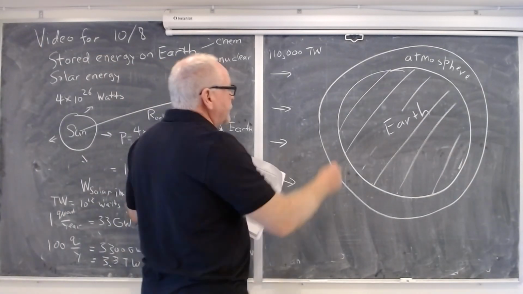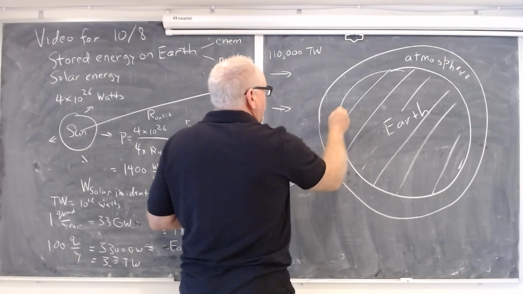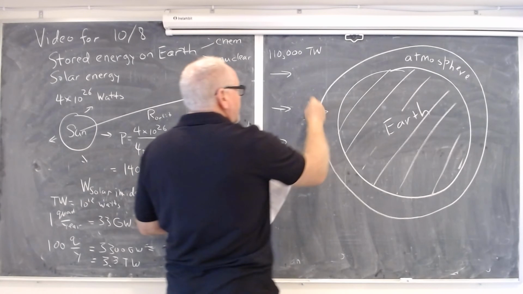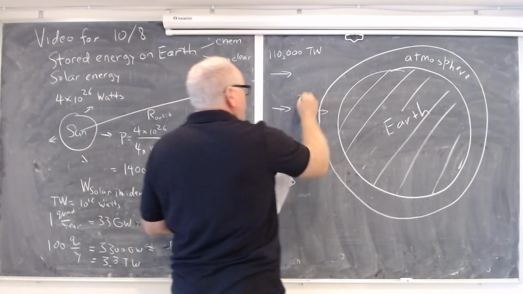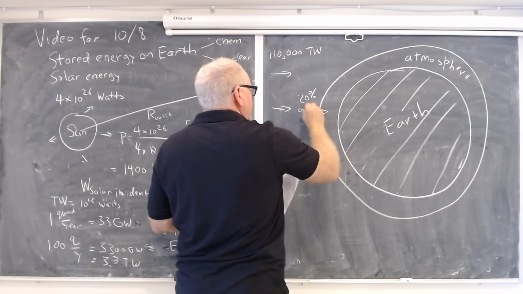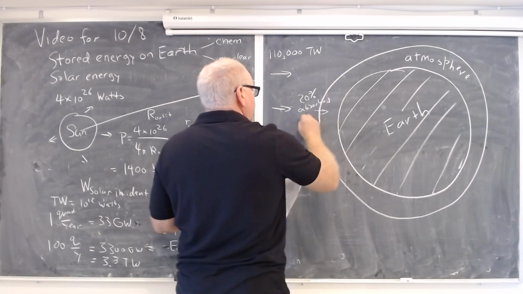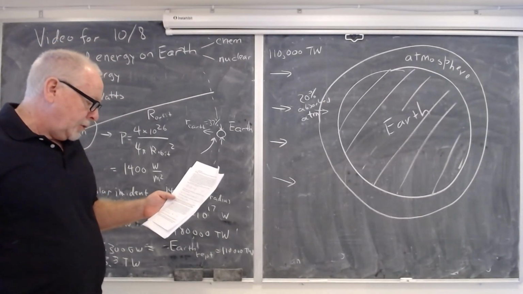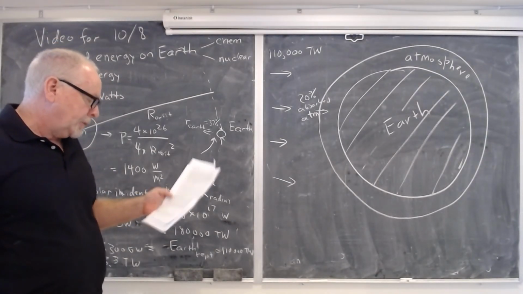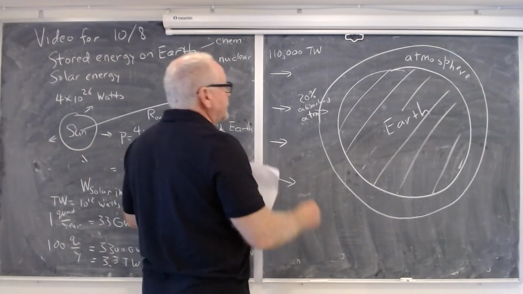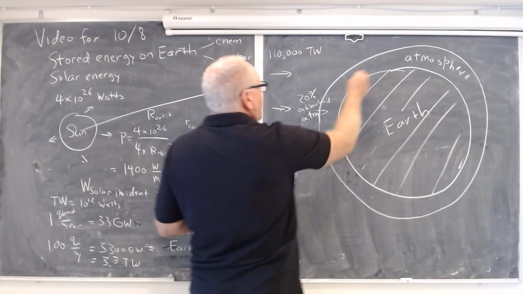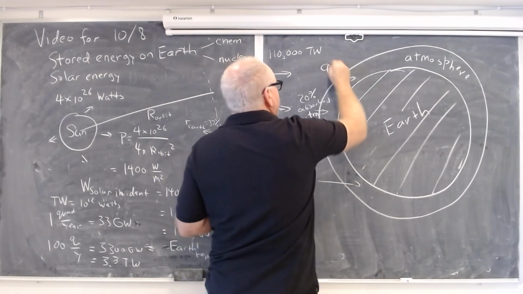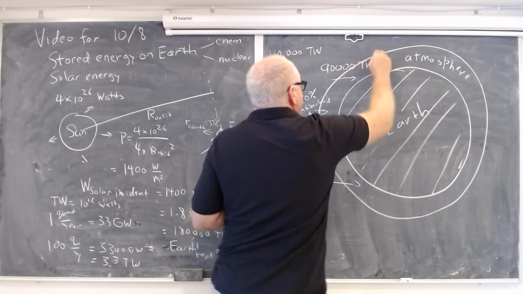And of that amount, 20% is absorbed in the atmosphere. And so what reaches the Earth then, so basically that's somewhere around 20,000 terawatts, just using rough numbers. And so what is incident upon the Earth's surface is 90,000 terawatts.